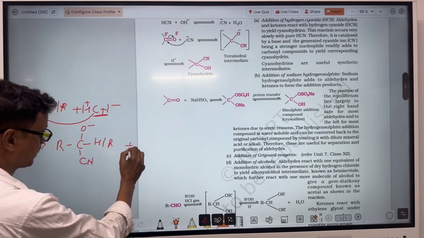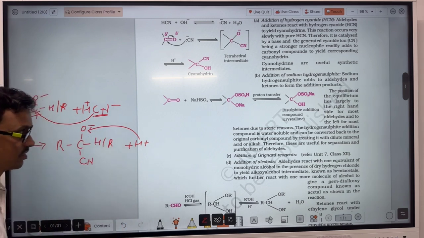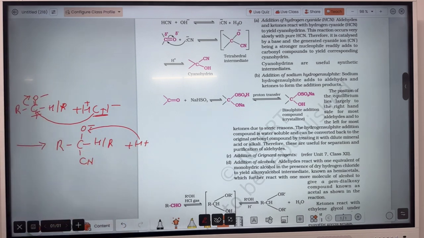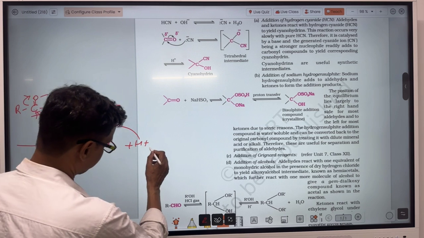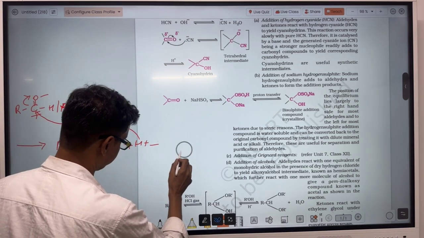After that, this oxygen will pick up an H plus ion from the solvent, or from the reagent if it was part of it.